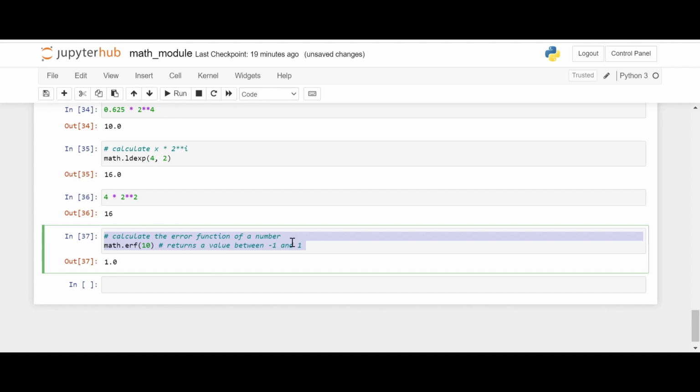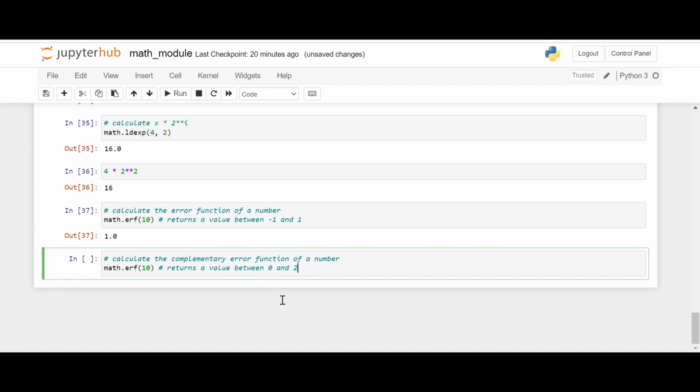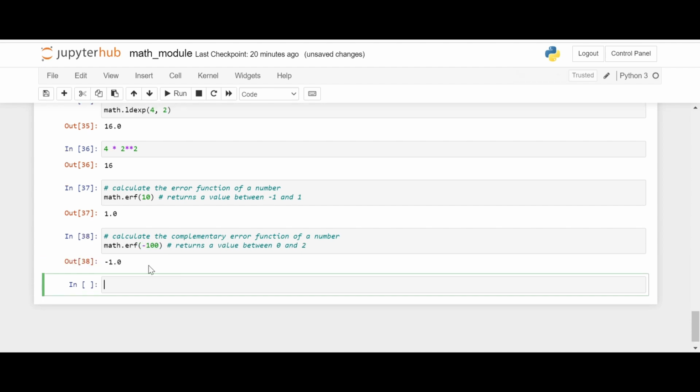You can also calculate the complementary error function of a number. In that case, it will return a value between 0 and 2. So let's give -100. Sorry, not erf, erfc. So we get 2.